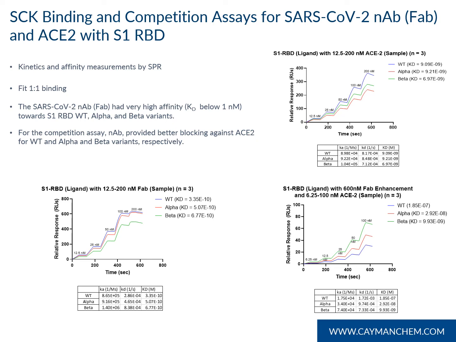SARS-CoV-2 neutralizing antibody, Fab region, had a very high affinity towards S1 RBD wild type, alpha and beta variants with a KD of below 1 nanomolar and a slightly better affinity towards wild type. And lastly, for the competition assay, SARS-CoV-2 neutralizing antibody, Fab region, could provide better blocking against ACE2 for wild type and alpha and beta variants respectively.